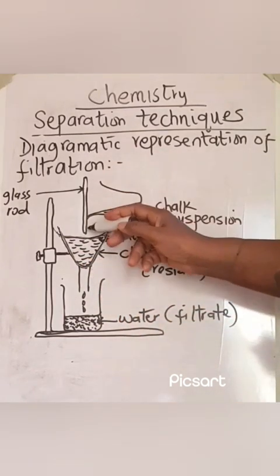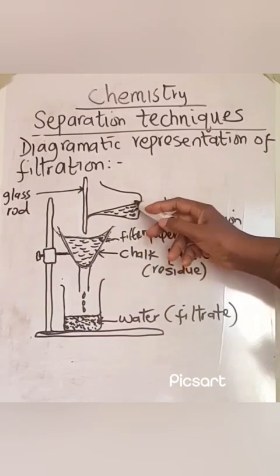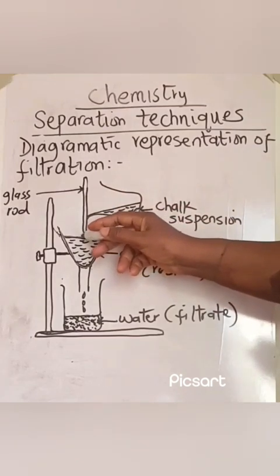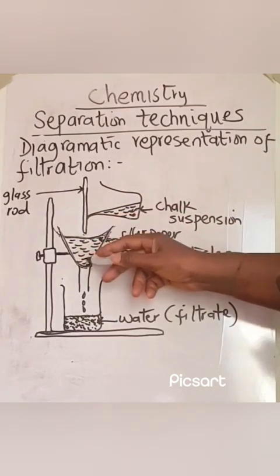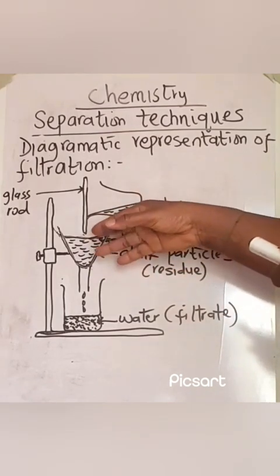And this is the glass rod through which we pour the chalk mixture. This is the chalk mixture. We pour it through the glass rod into the filter paper in the funnel.